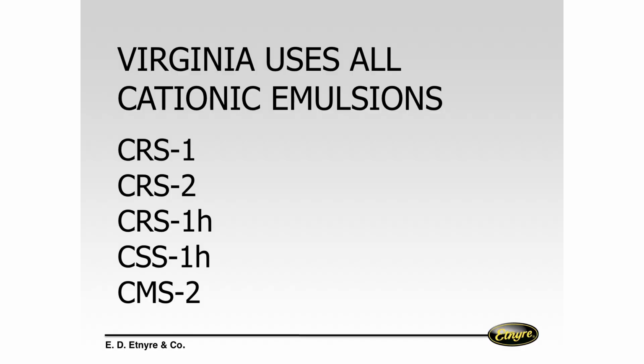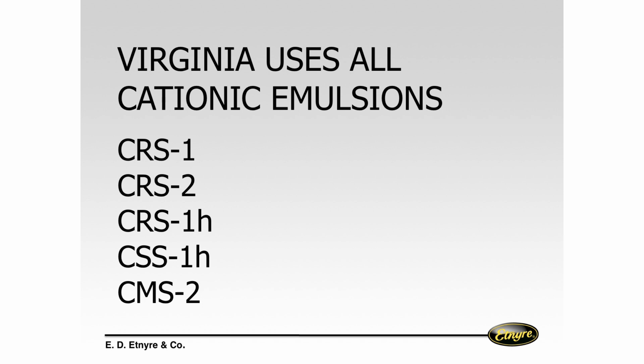So as we make our emulsions, Virginia uses several different types, a CRS2, CRS1, a CRS1H, CMS. All of those, really all this means to you is C means cationic, which means it's positively charged. And then the R is for rapid set, 1 is the hardness, H is a little bit harder.